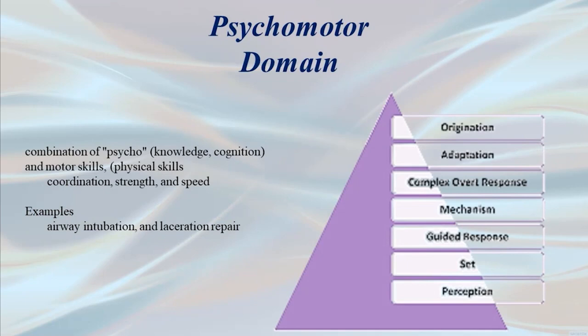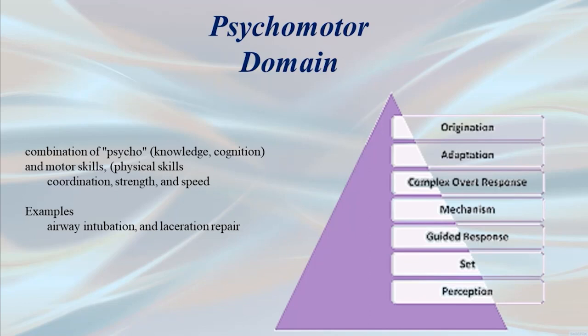The third domain is the psychomotor domain. This domain is demonstrated by physical skills such as coordination, manipulation, strength, and speed. For example, in clinical medicine, it could include setting up of an intravenous drip, airway intubation, and laceration repair.